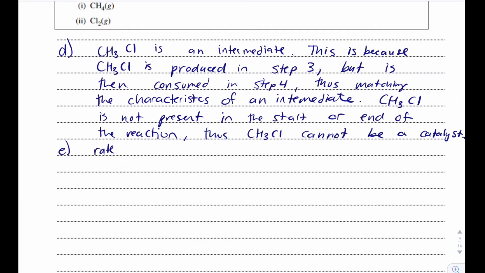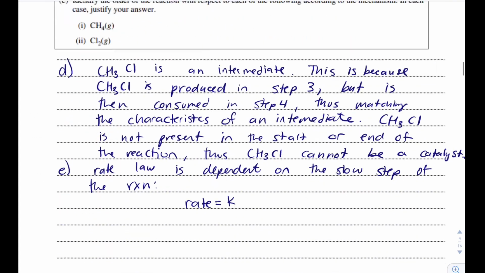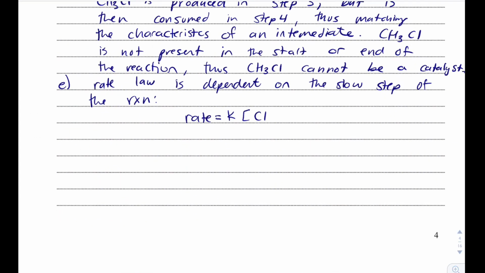So the rate law is dependent on the slow step of the reaction. Okay, so the rate is going to be equal to the rate constant K, and we have CH4 and Cl, so CH4 to the first power, and then Cl to the first power.